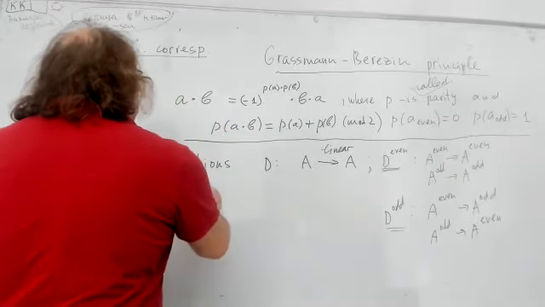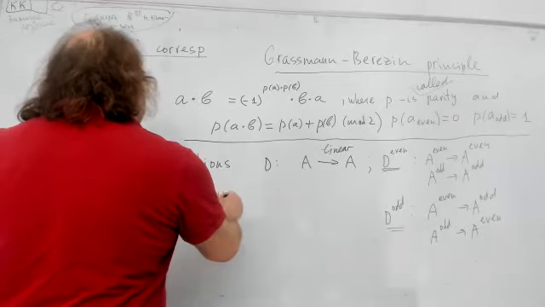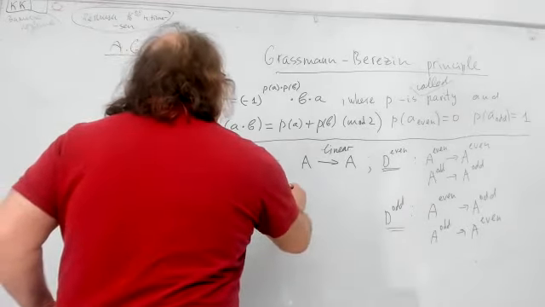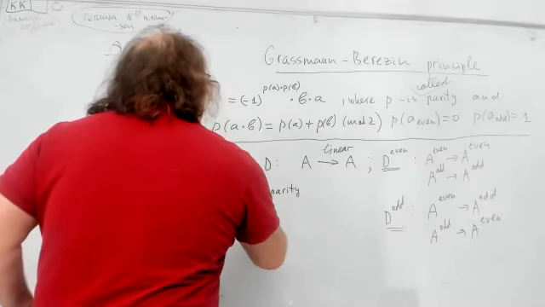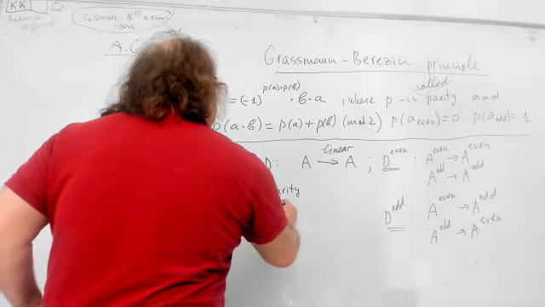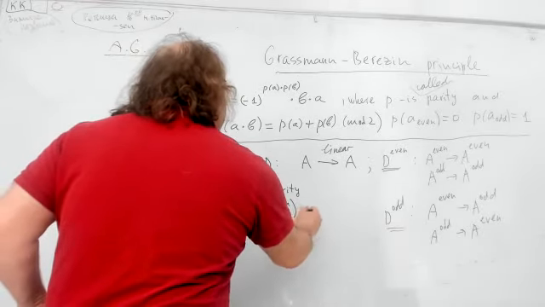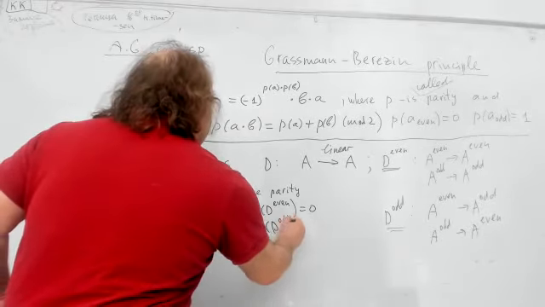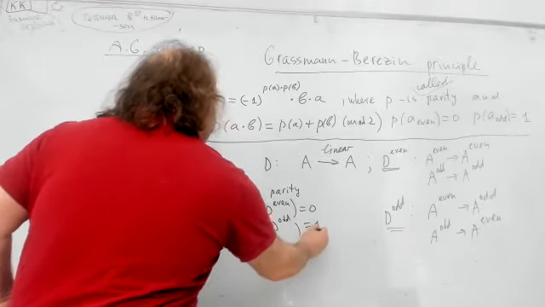Derivations have parity. So parity of derivation even is 0, parity of derivation odd is 1.